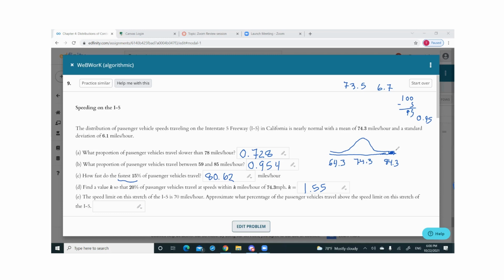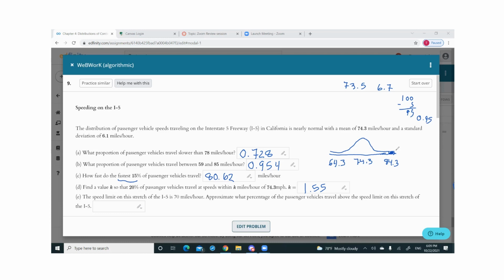We're using the same standard deviation as the one that comes with the problem. So for the inverse norm, it'd be 0.95, which is 100 minus whatever they're asking, and then the mean and standard deviation. And that's the answer.